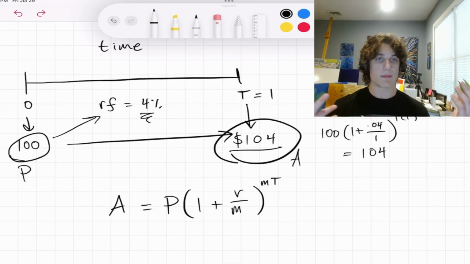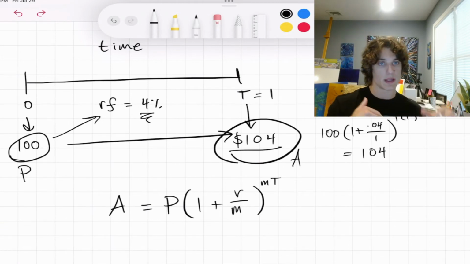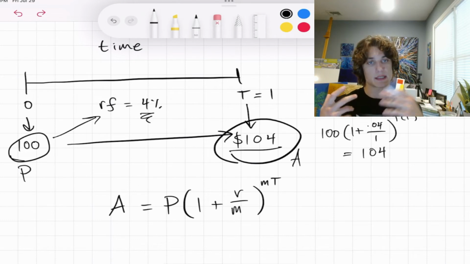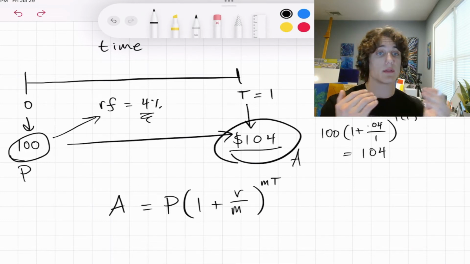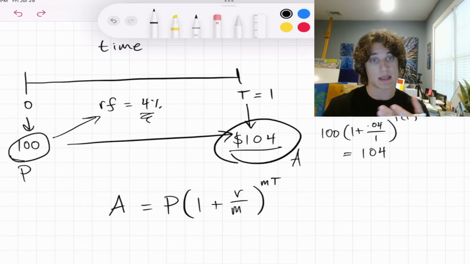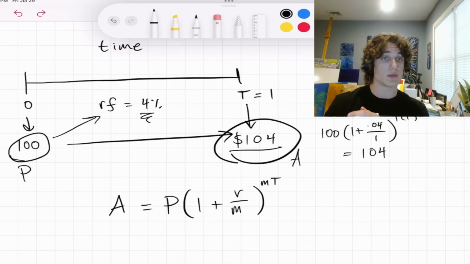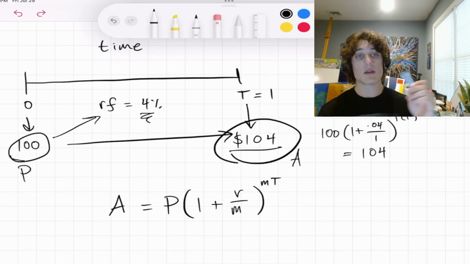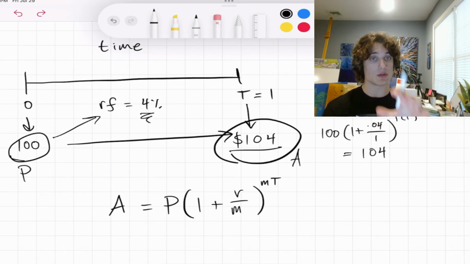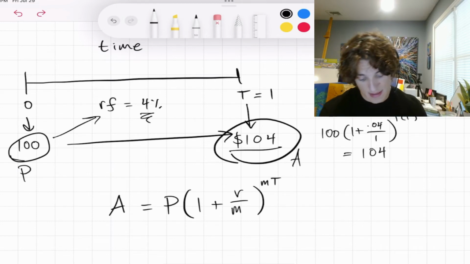Now, this idea of a compounding frequency is actually quite easy. We're essentially just earning interest on our interest within the same investment horizon. So if we have, say, a 1 year investment horizon, so capital T is equal to 1, and we had two compounding periods, so a compound frequency of 2, then we would earn interest on that interest. So we would earn interest once and then interest on that interest again, hence compound interest.